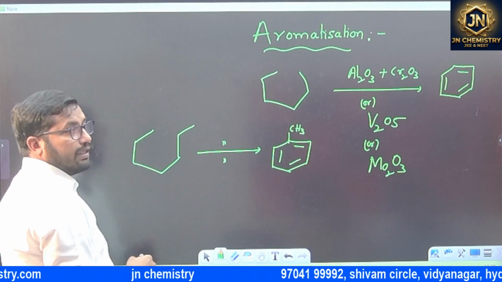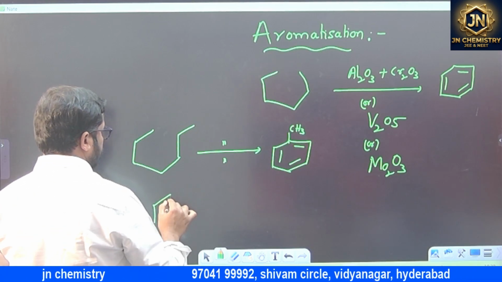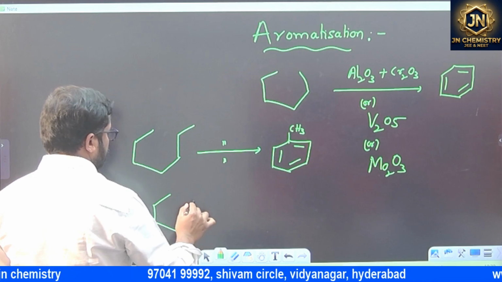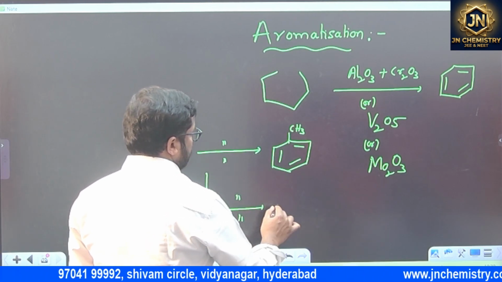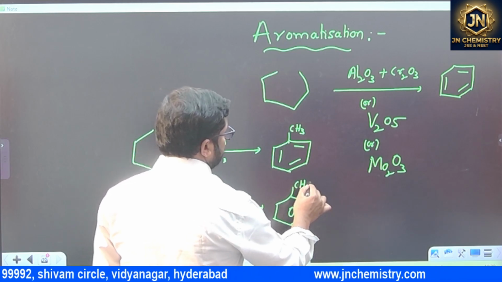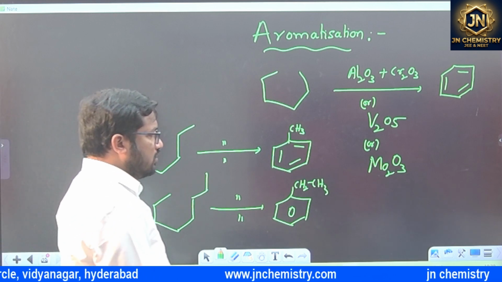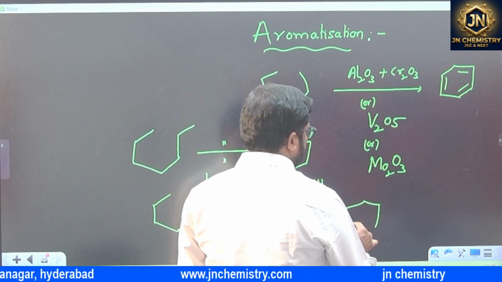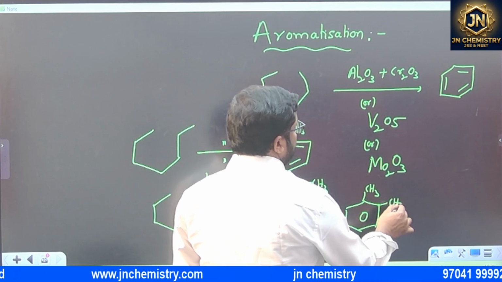If we take 8 carbons, we'll get a mixture of products: ethyl benzene, or ortho dimethyl benzene or para dimethyl benzene also possible. Write it down.